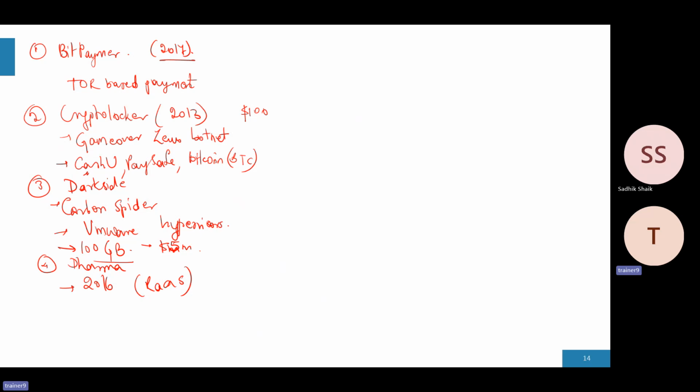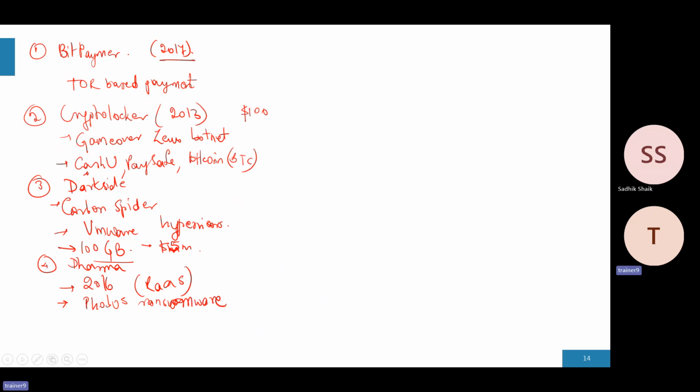So what happens is the original author of Dharma released the original source code also, and Dharma was marketed and sold by these companies to multiple criminals. And somewhere in 2020, there was a ransomware that was your Phobos ransomware, which was likely inspired by Dharma also.